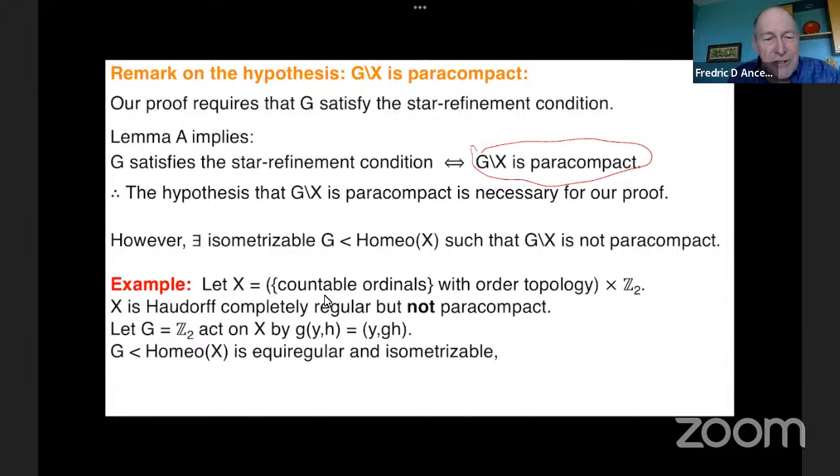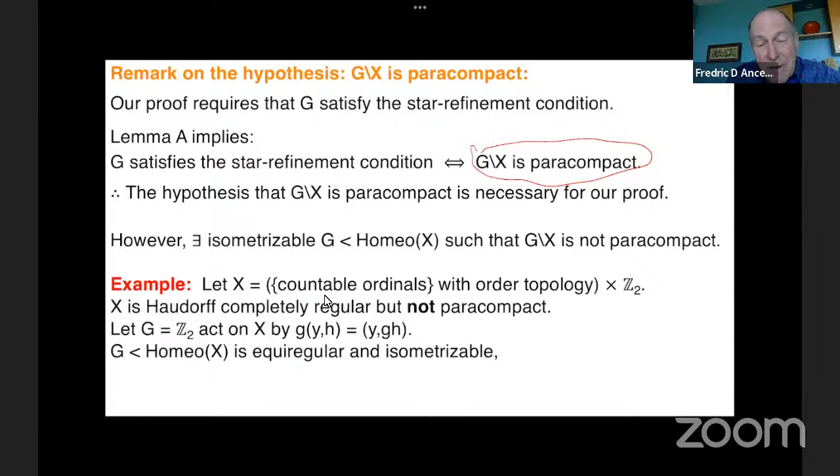So there's a gauge structure on this space. Well, this space, or the countable ordinals, are completely regular. And so they're going to embed in some giant product, and that means that they have a gauge structure.